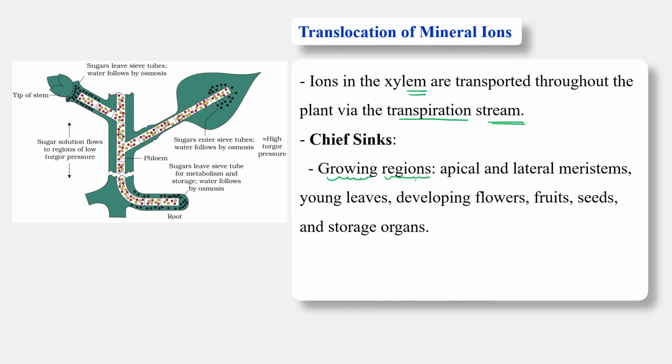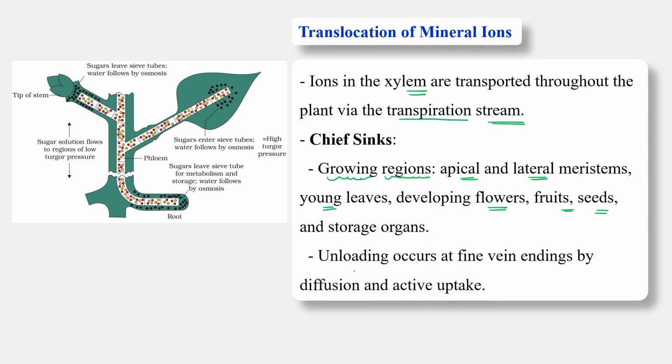These are the main areas where mineral ions go and are utilized by the different growing parts of the plant for further growth. Like what are those areas? Apical part, lateral part, young leaves, developing flowers, fruits, seeds, and storage organs. Okay, so these are the chief sink areas. Unloading occurs at fine vein endings by diffusion and active uptake.